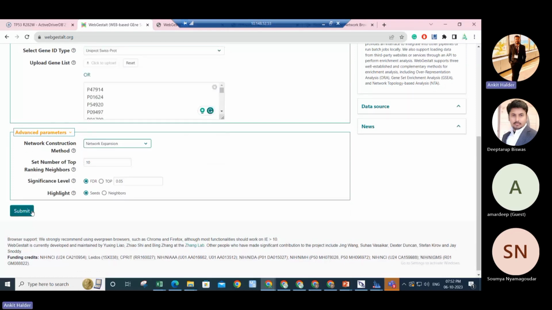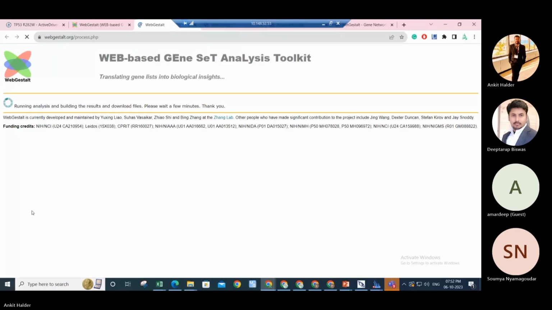If you just submit, sometimes web-based tools have issues related to the server and sometimes it throws up an error, but it will definitely give you the results. Is there any question as of now?